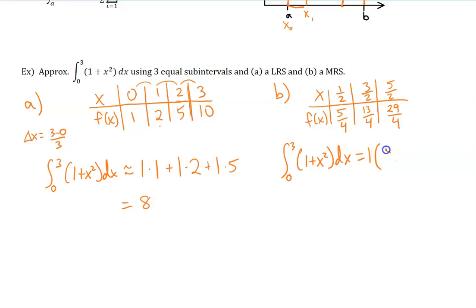Okay, so then we have our first height, 5/4, plus second height, 13/4, plus 29/4. Okay, so it's going to be 1 times the sum of all of these, which is 47/4.